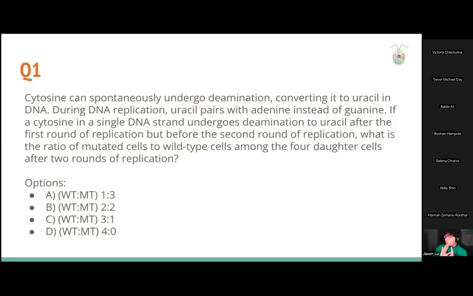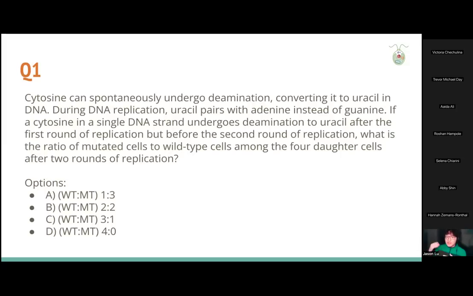So when we undergo our first round of replication, we're going to go from 1 to 2 cells. Now, both of these cells are going to be normal because, as the question says, we're only undergoing deamination after our first round of replication. Because of that, one of these cells is always going to be okay.